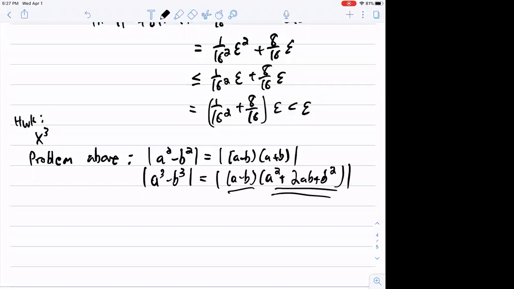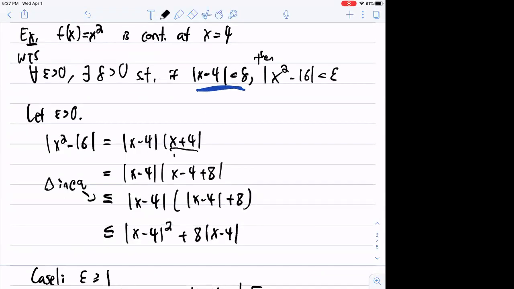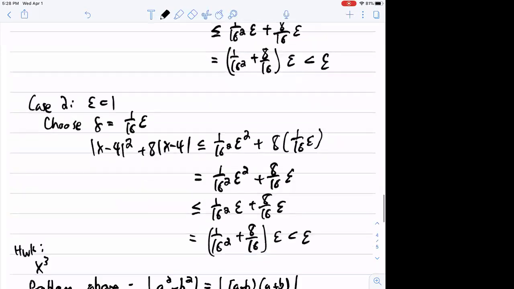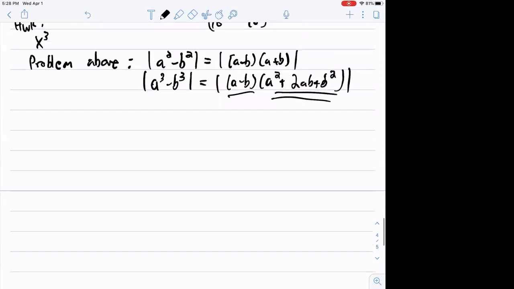The double underline is sort of like the x plus 4 here, so we had to work on how to bound that. Okay, any questions so far?